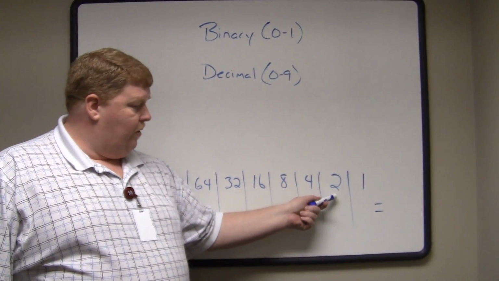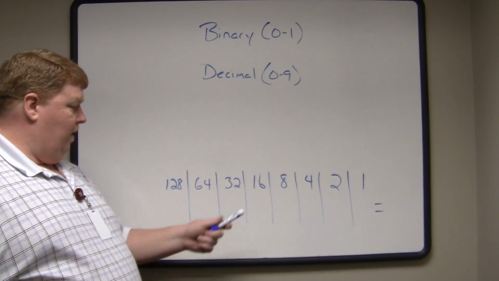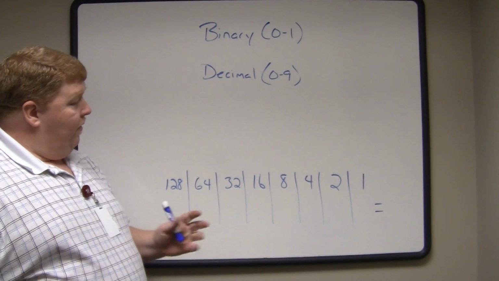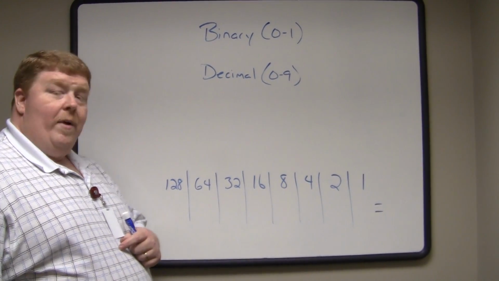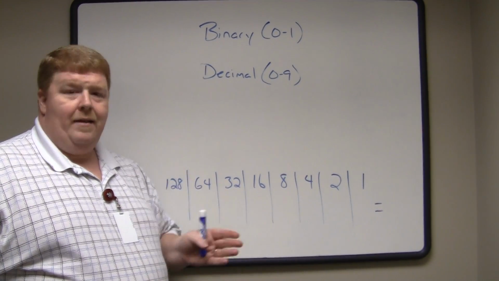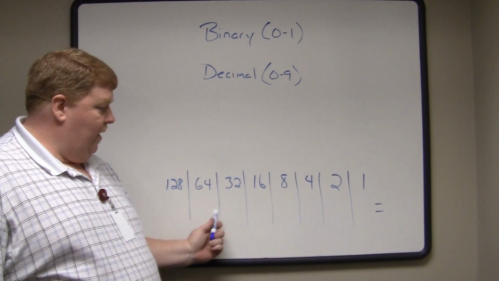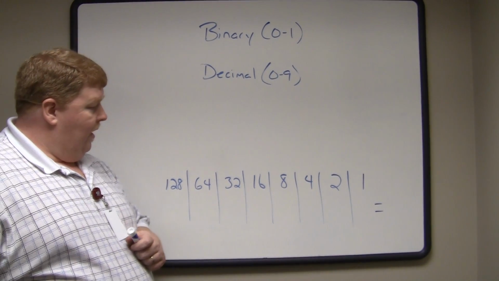So 1 doubles into 2, 2 doubles to 4, 4 to 8, 8 to 16, and so on, all the way over to 128. This is what we call a binary calculator, a homemade binary calculator. You don't need a computer, the internet, or a cell phone to convert binary and decimal numbers. All you need is this little chart right here. This does everything for you.